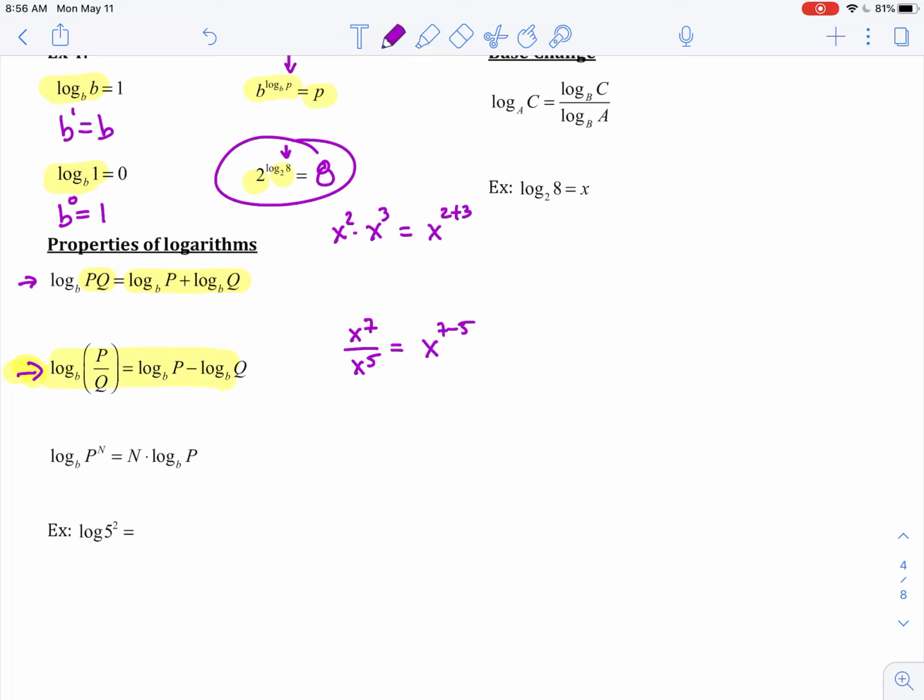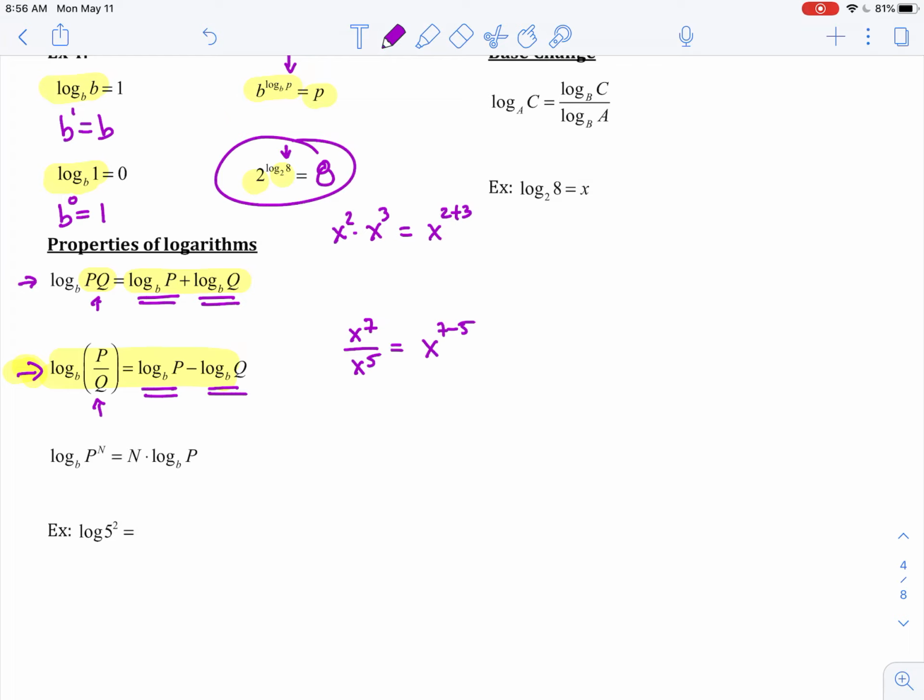If we have a single log quotient, then that is the same thing as two log subtraction. Single log product was two log addition. Single log quotient is two log subtraction. Multiplying, we add our exponents. Dividing, we subtract our exponents.